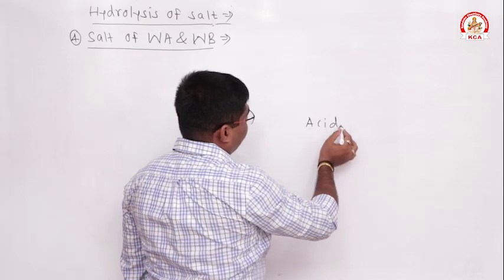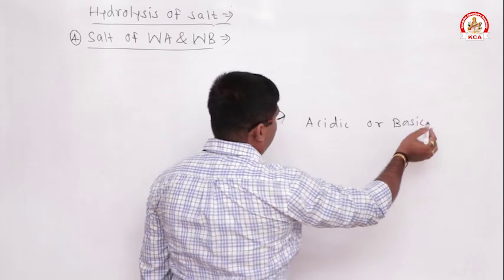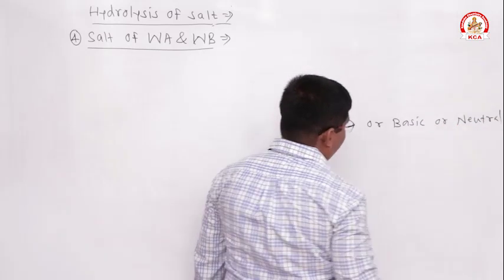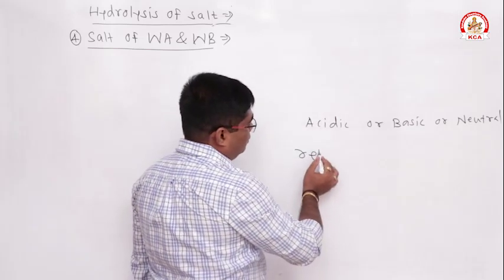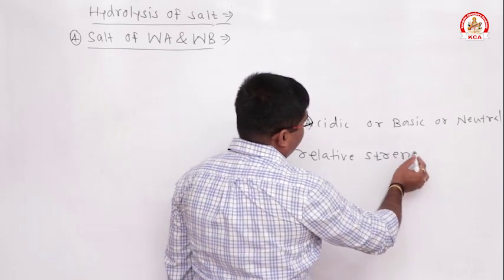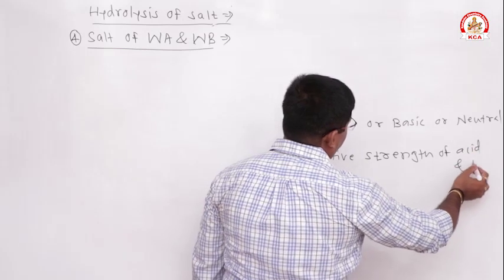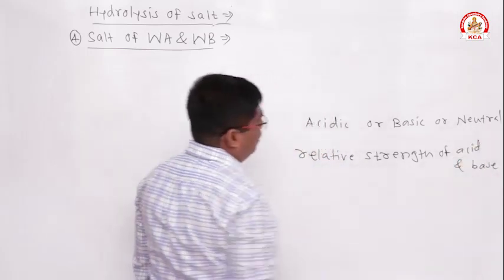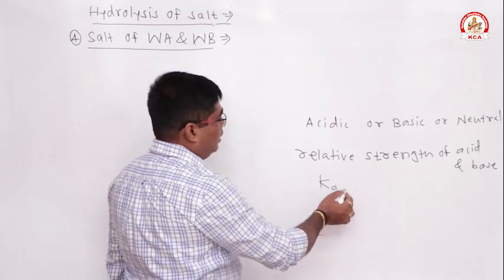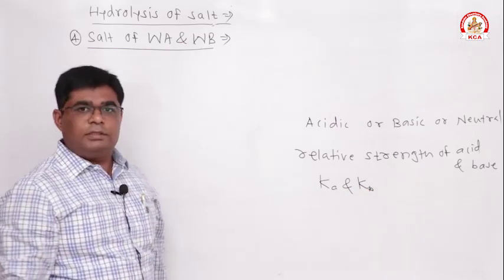It may be acidic or may be basic or it may be neutral, which depends on the relative strength of acid and base. In fact, it depends on Ka and Kb, the dissociation constants of acids and bases.